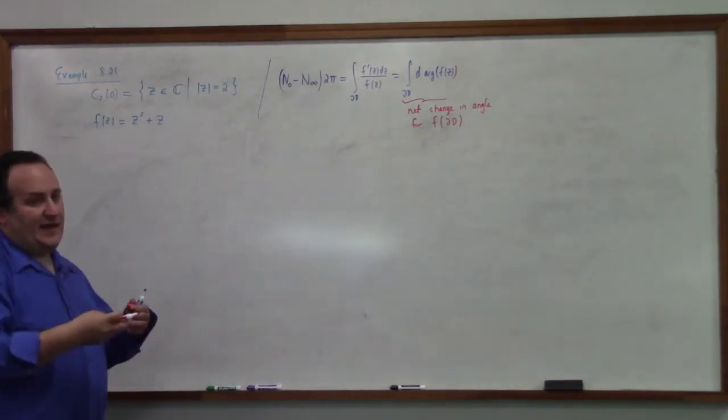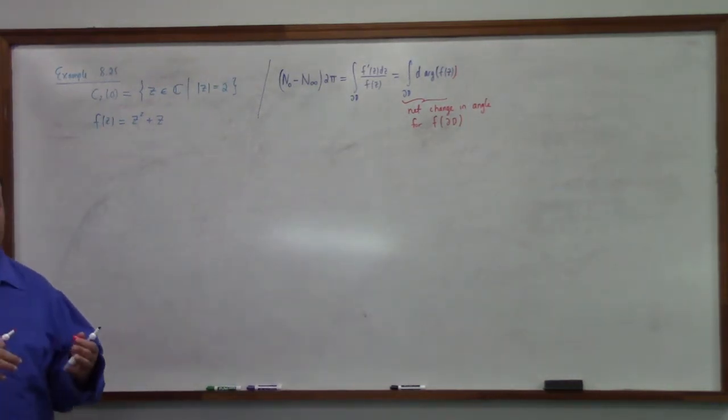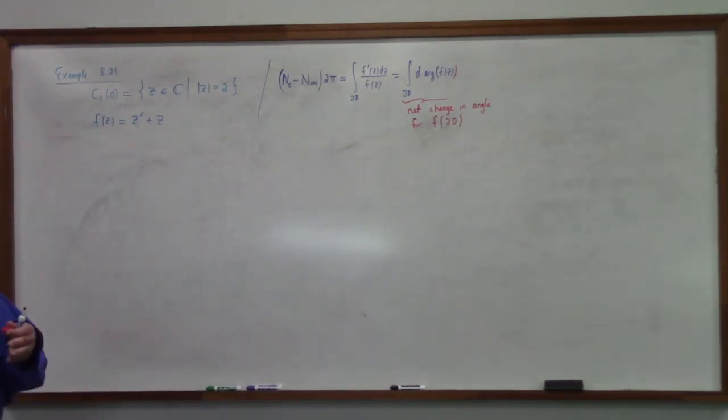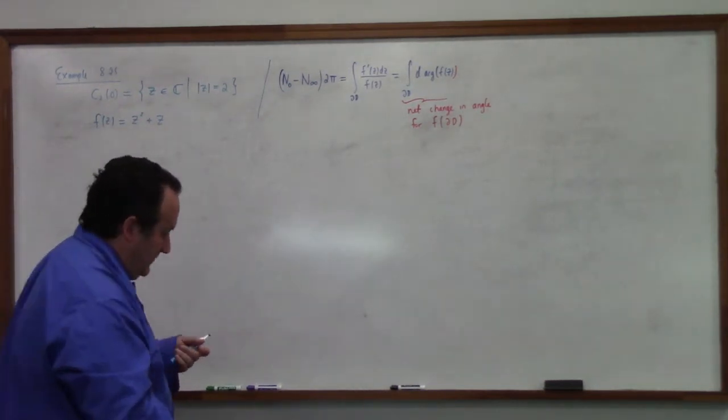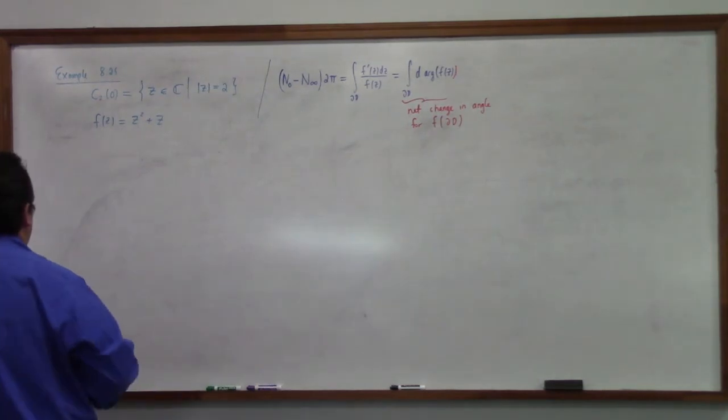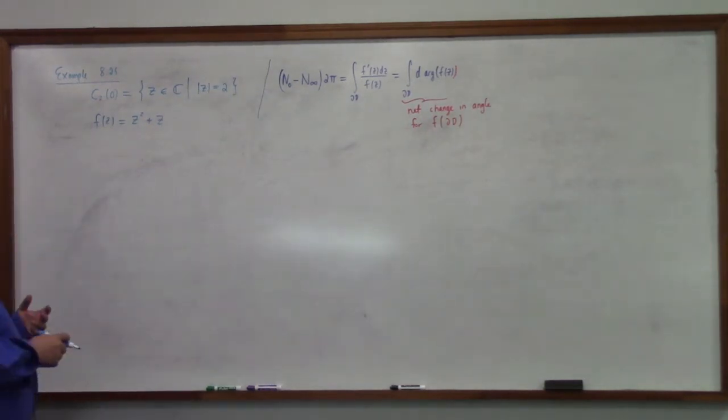So you're studying the angle not of the curve directly, but of f of z, which is the image of the curve. So that integral is the net change of the angle for the image of the curve under the map that we're studying, all right? Now, of course, this is a very silly example in terms of the theorem.